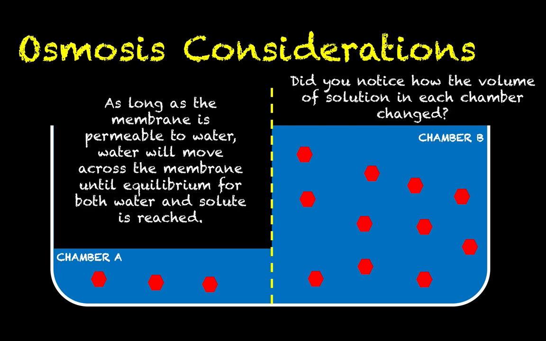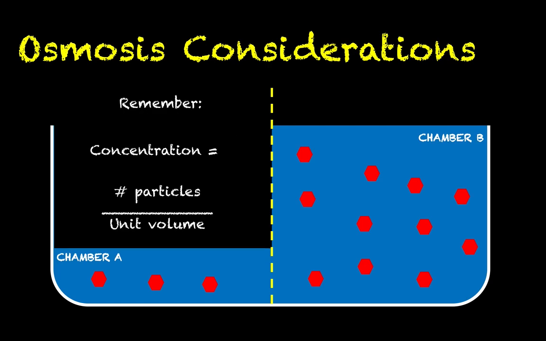So the idea here is that as long as the membrane is permeable to water, in practical situations that's going to mean that the membrane has aquaporin channels, water will move across the membrane until equilibrium for both water and solute is reached.